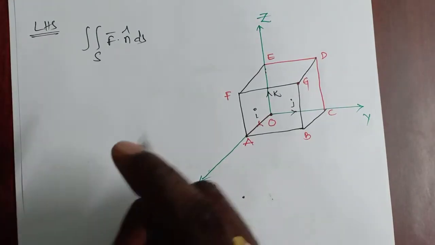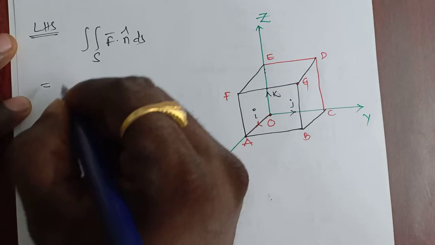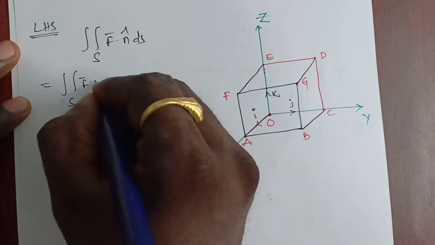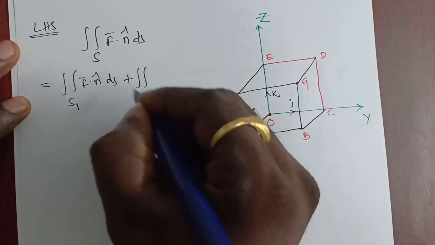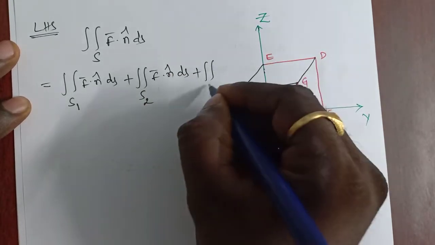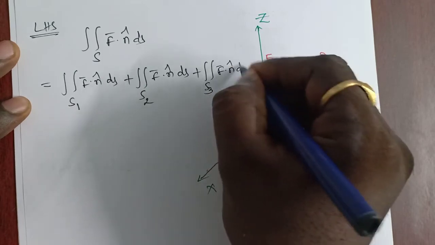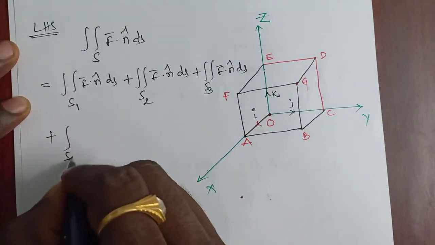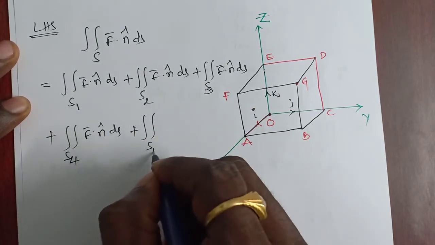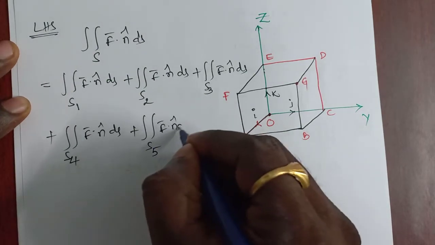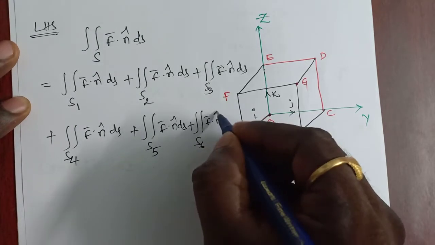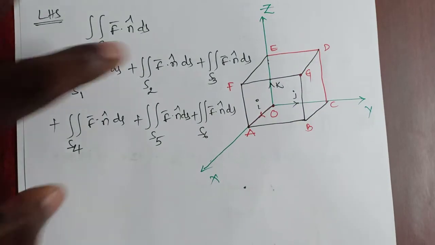So we can write it as the double integral over the surface S1 of f bar dot n cap dS, plus the double integral over S2 of f bar dot n cap dS, plus S3, f bar dot n cap dS, plus S4, f bar dot n cap dS, plus S5, f bar dot n cap dS, and finally the 6th face, S6, f bar dot n cap dS. So we need to evaluate all these 6 faces.